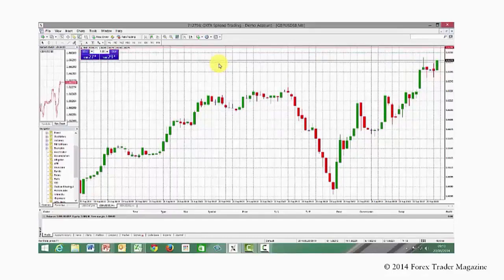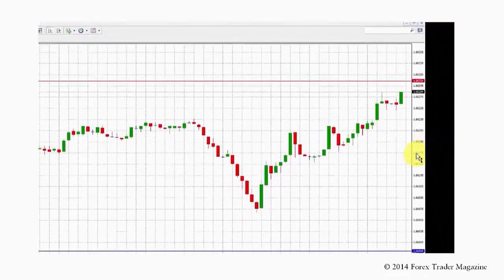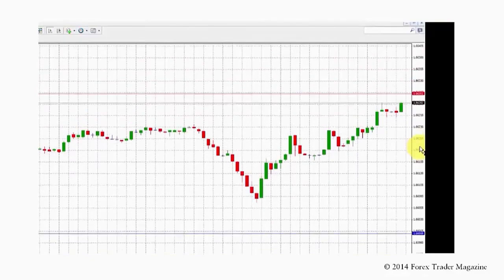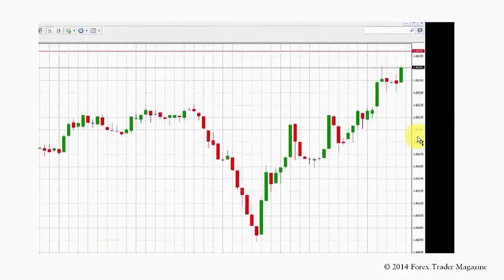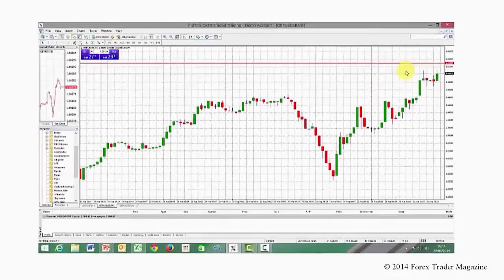So if we're going to buy something, then we will always pay the ask price. That's the higher of the two prices. I've just changed the scale slightly by left-hand clicking and placing my cursor over the right-hand price column just to bring these two lines back into view.